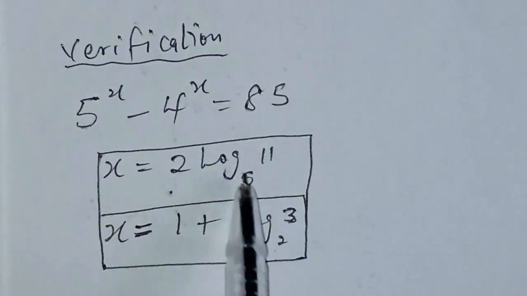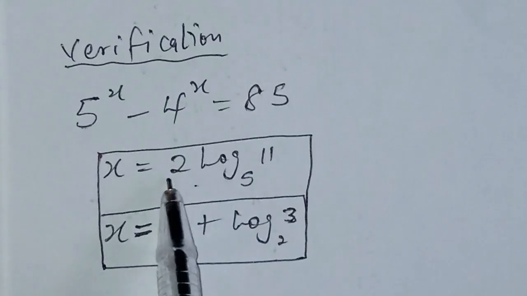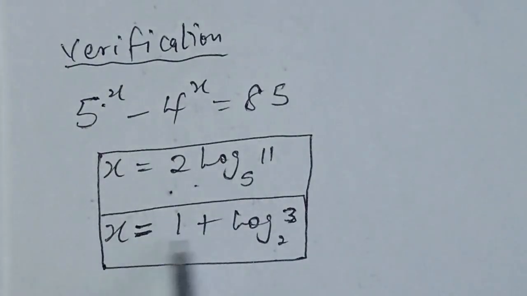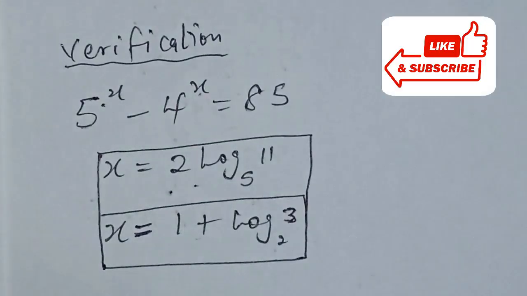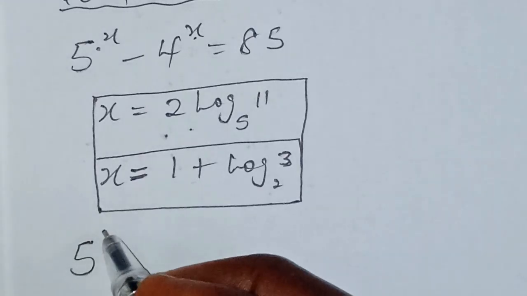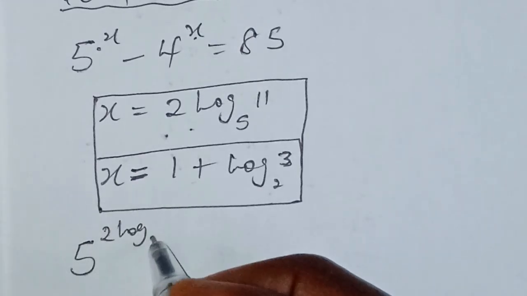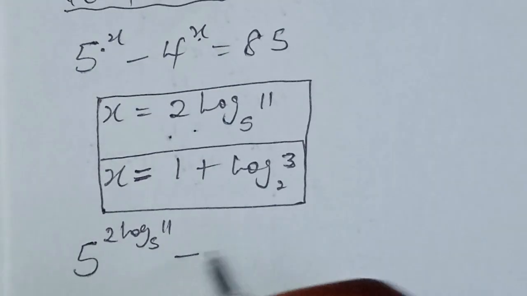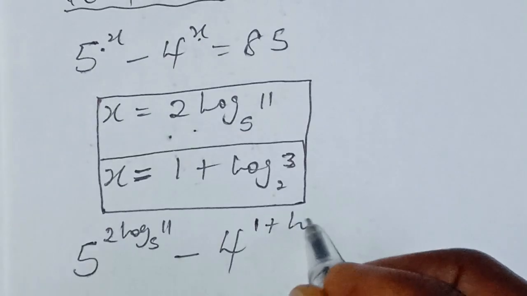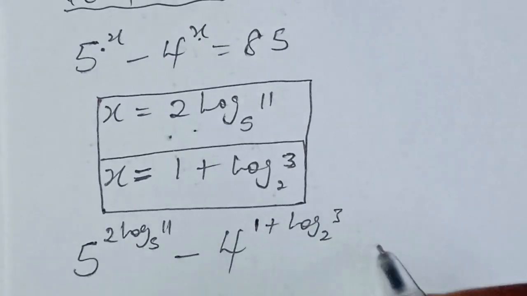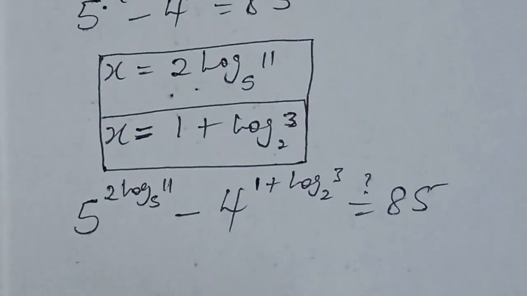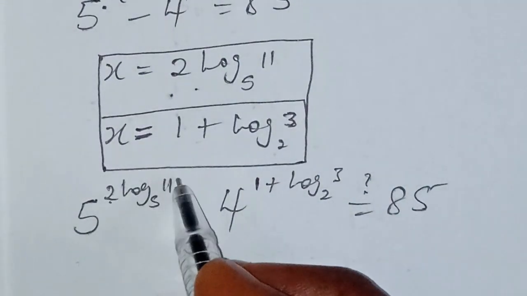To verify that, we insert this value of x at a equals 11 into this term and this value of x over here. So we now have our next step to become 5 raised to power 2 log base 5 11 minus 4 raised to power 1 plus log base 2 3 equal to 85, question mark. So from here we move these 2 to the power.